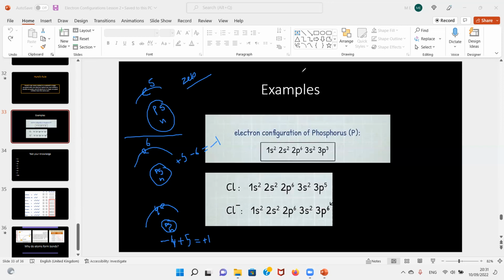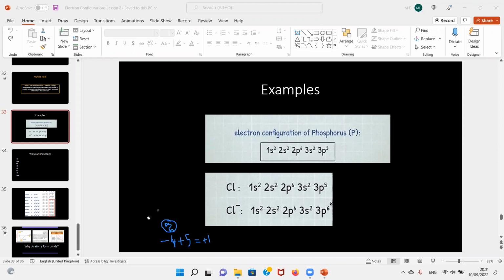Okay, good. So let's see this example about the chlorine atom and the anion. In this case, here we have 17 electrons. Now, when it says Cl minus, that means 1 electron has been gained.